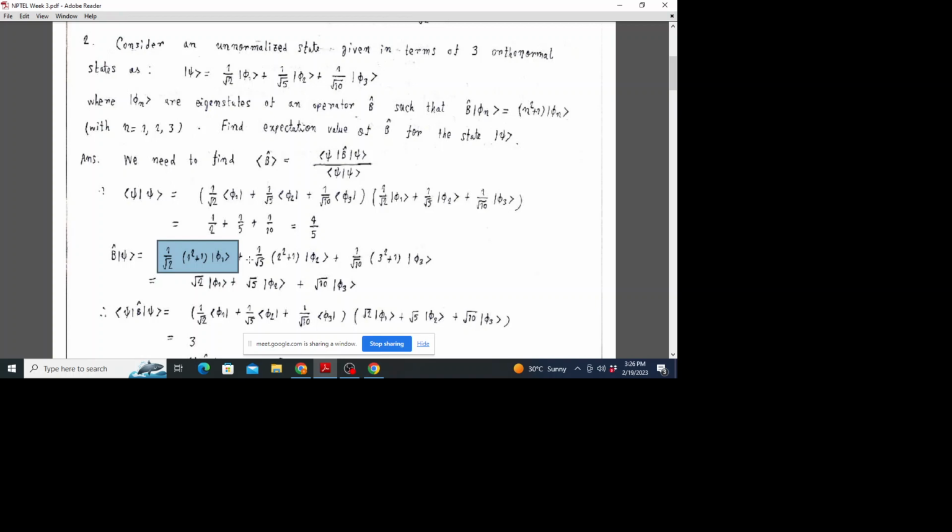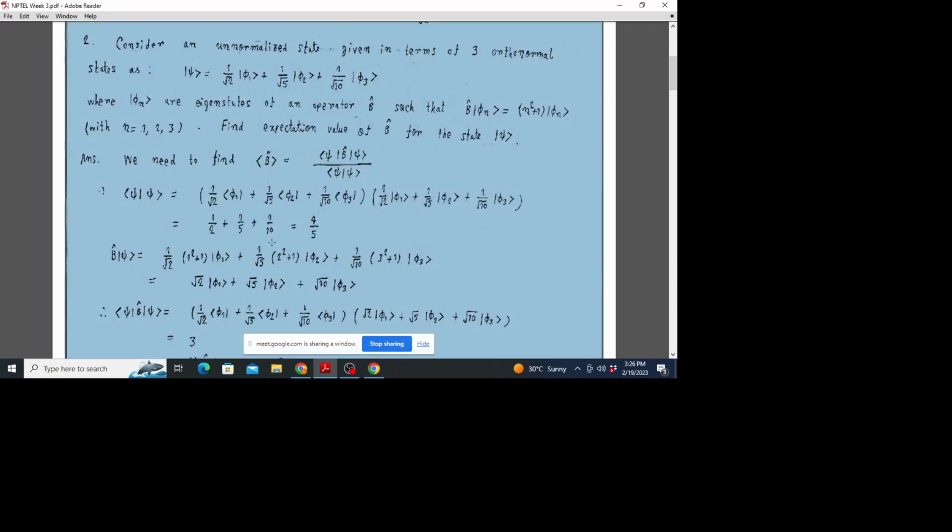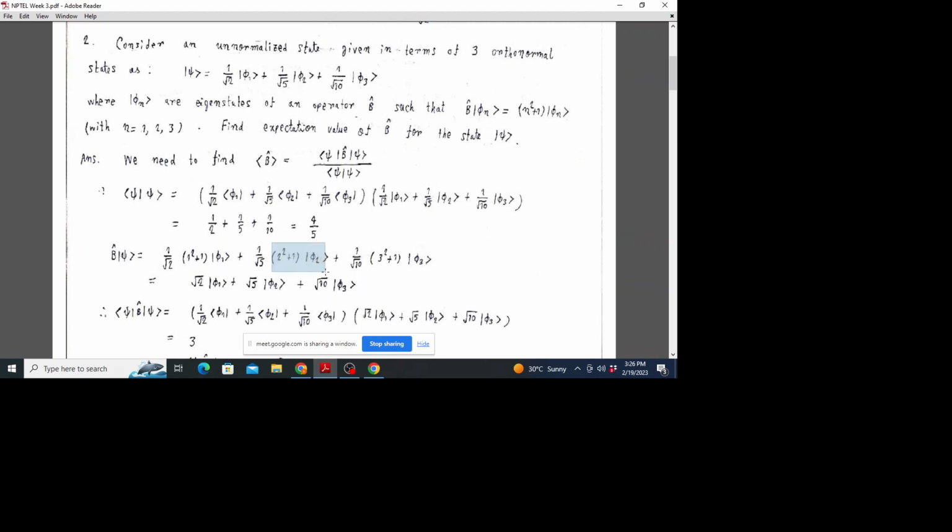Similarly for the second one, B acting on phi 2 gives us 2 square plus 1 times phi 2, so that means 5 phi 2. Similarly for the third one, B acting on phi 3 gives us 3 square plus 1 times phi 3.